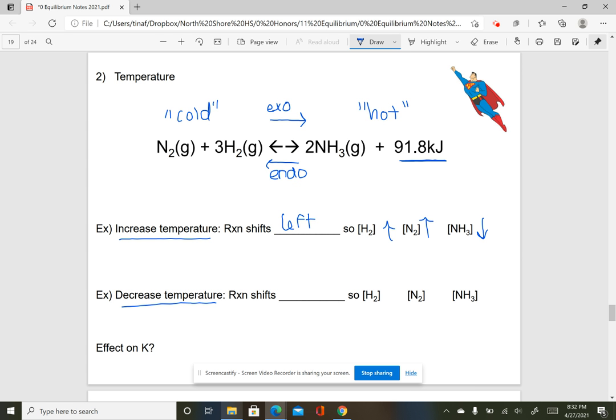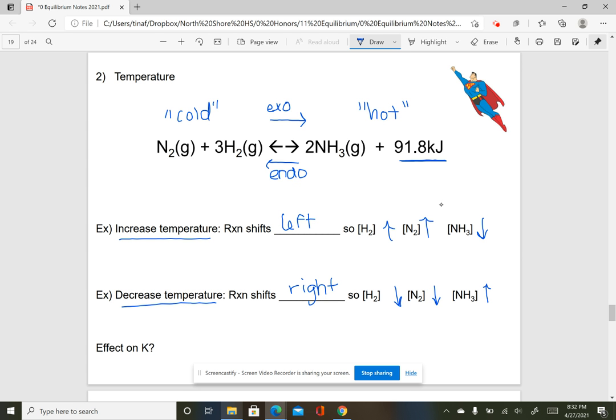We would go towards the hot side, which is the right side. If I'm going to the right, that means I'm doing the forward reaction faster. I'm turning reactants into products. So what's happening to my amount of reactants? They're going to go down and my products are going to go up. Okay, so there's how you can do that.